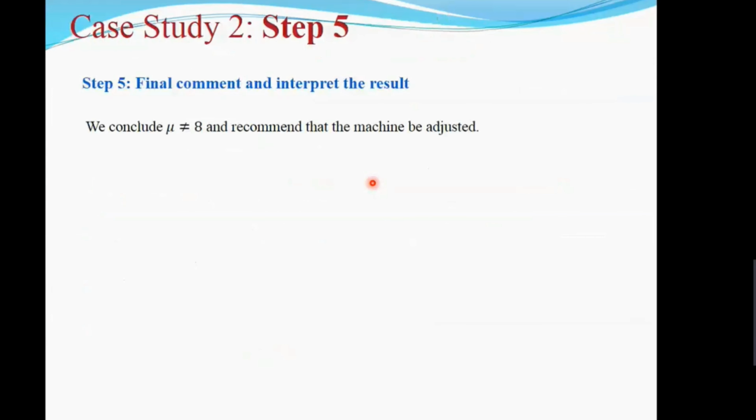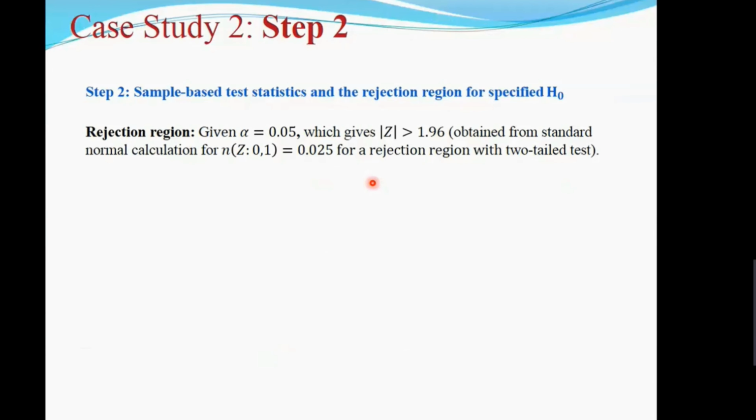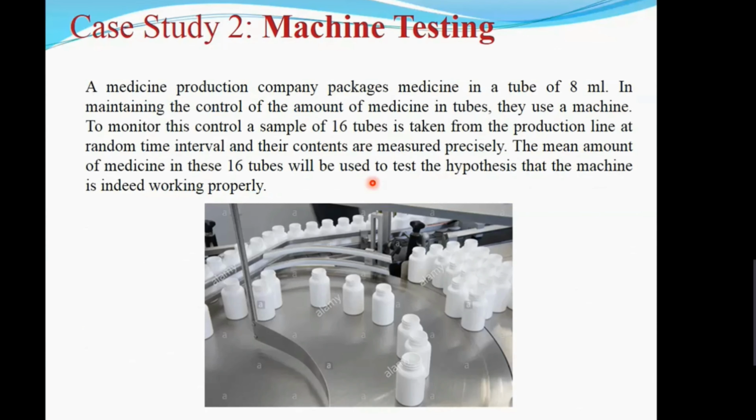As some problems are there, we will go in a similar way. Let's see. A medicine production company packages medicine in a tube of 8 ml. In maintaining control of the amount of medicine in tubes, to monitor this control, a sample of 16 tubes is taken from the production line at random time intervals, and their contents are measured precisely.